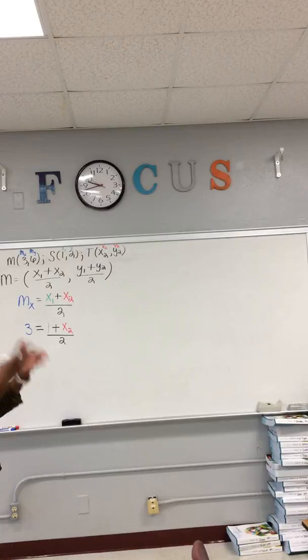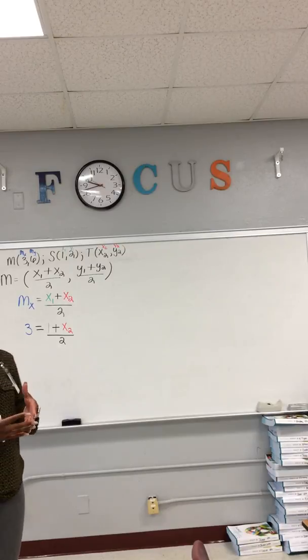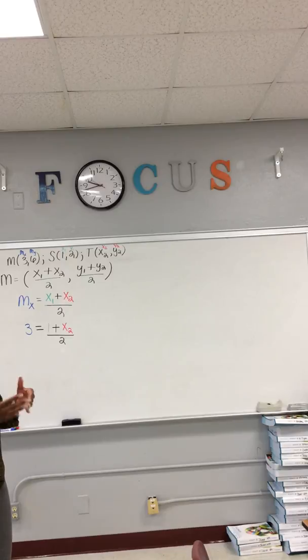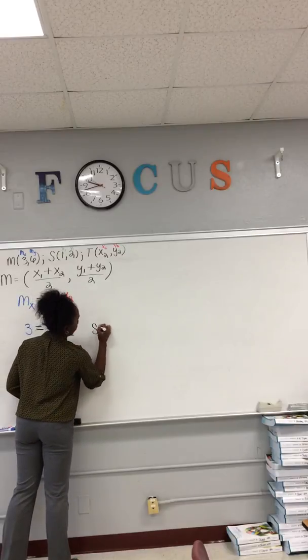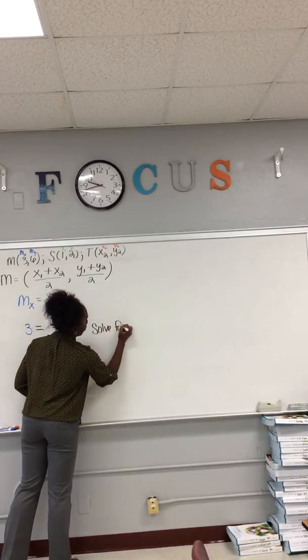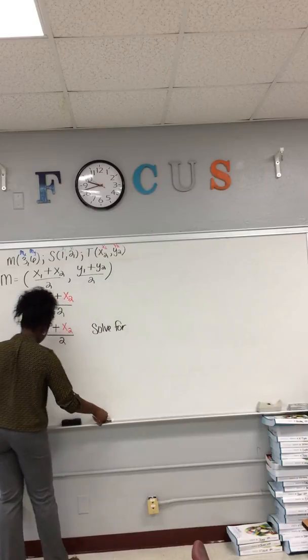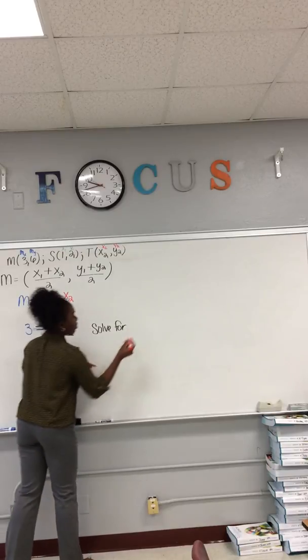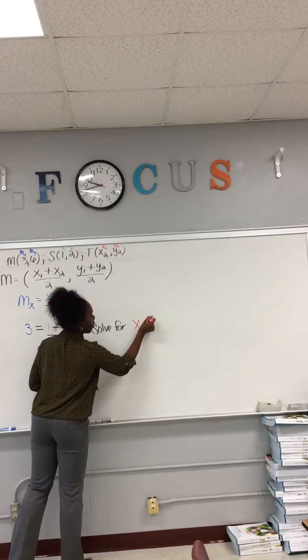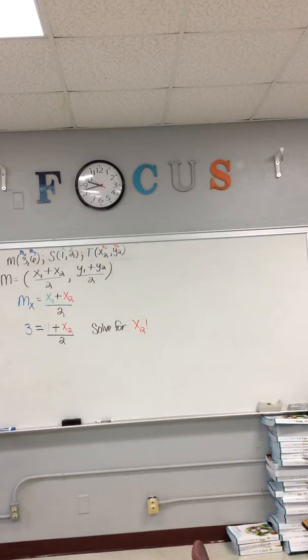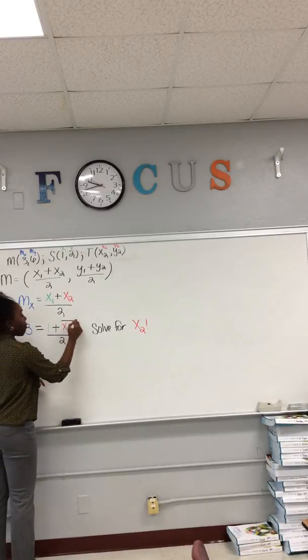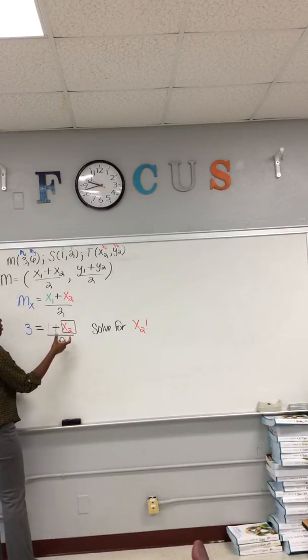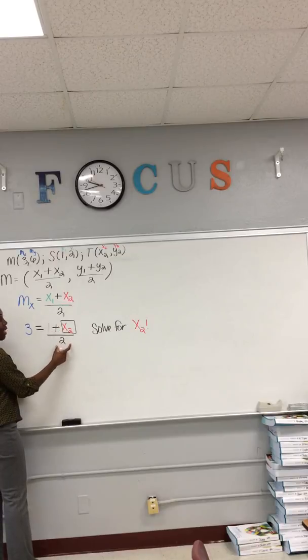So I have to use the algebraic properties of equality so that I can get x2 by itself. In order to solve for x2, I first have to get rid of the denominator.